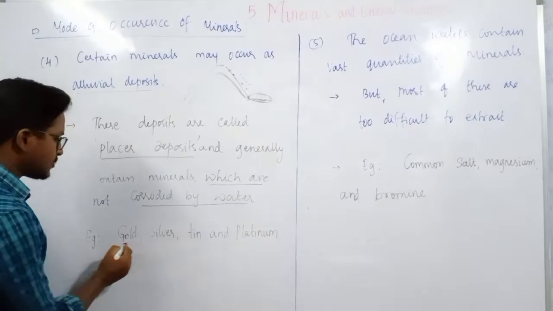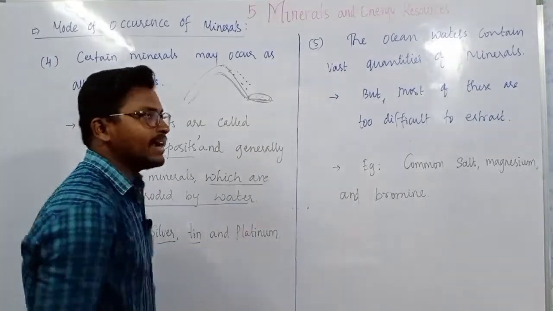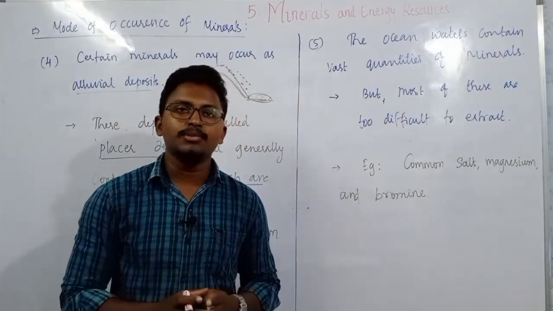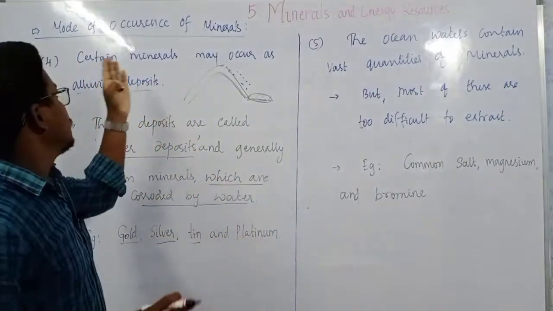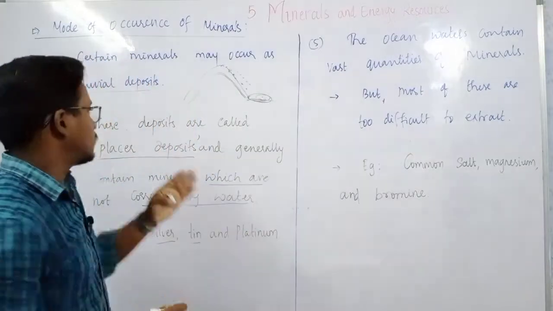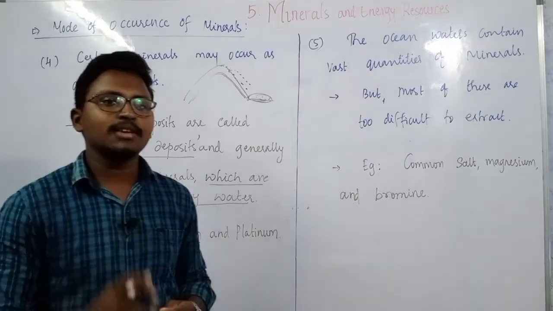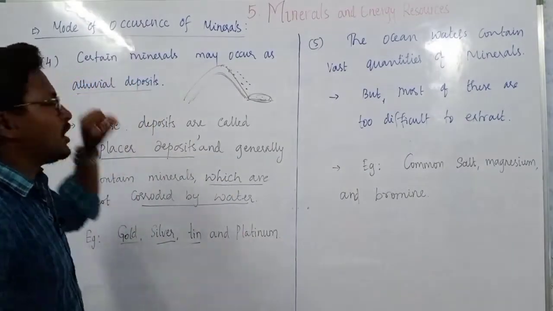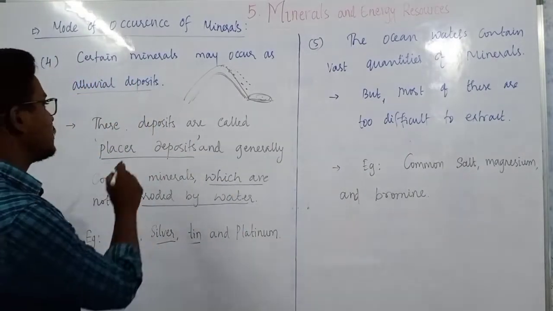What are the examples? Gold, silver, tin and platinum are the best examples of alluvial deposits, which are also known as placer deposits. So once again, minerals may occur in alluvial deposits, which are also known as placer deposits.